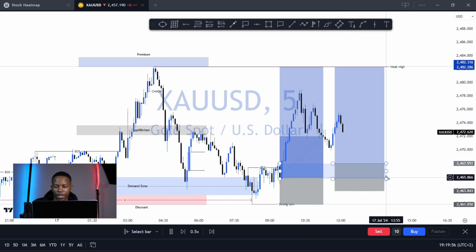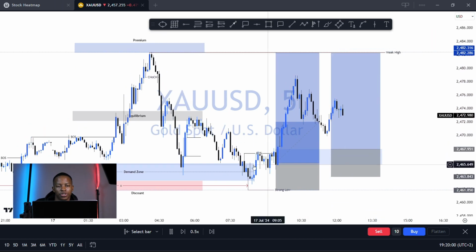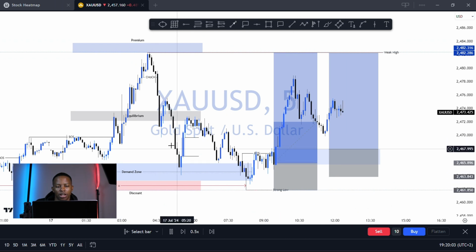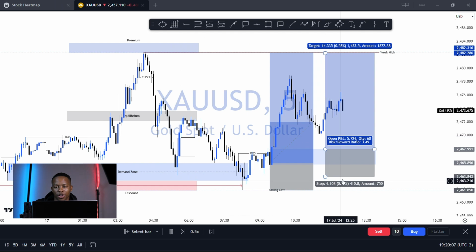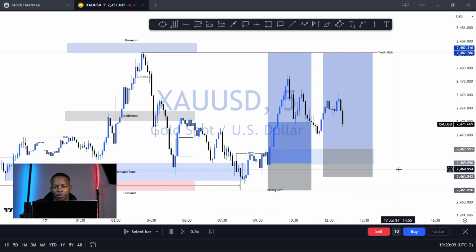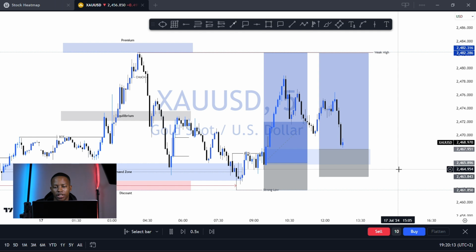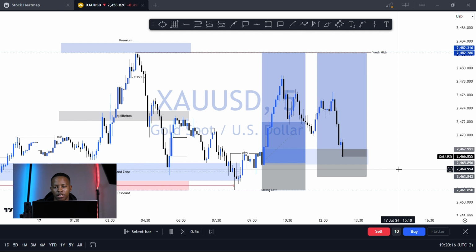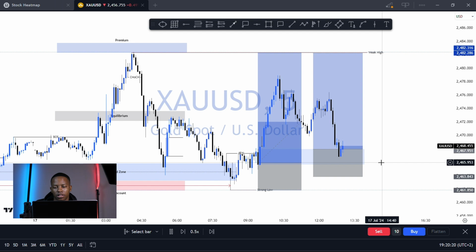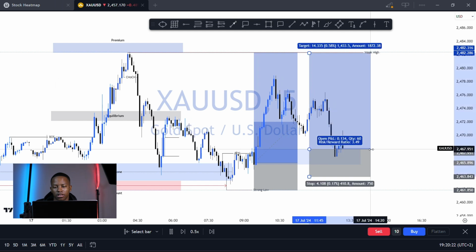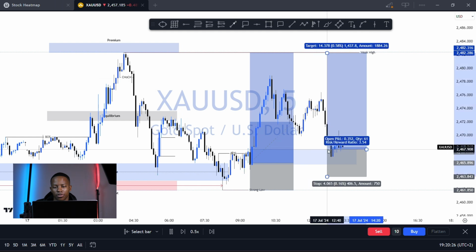This was going to be a great area for a re-entry, because also as you can see it's still in our discount zone, so it was going to be a great place to take another buy. And just like that, price taps us in right over here.